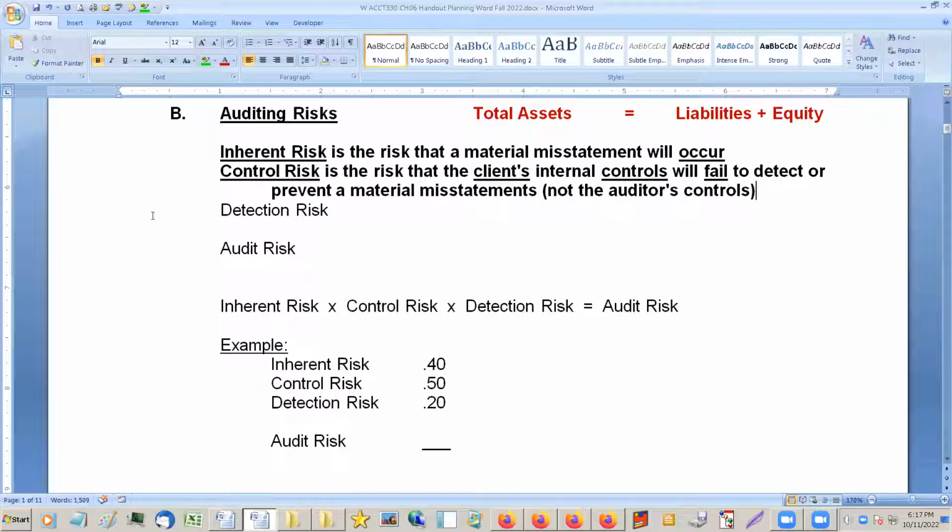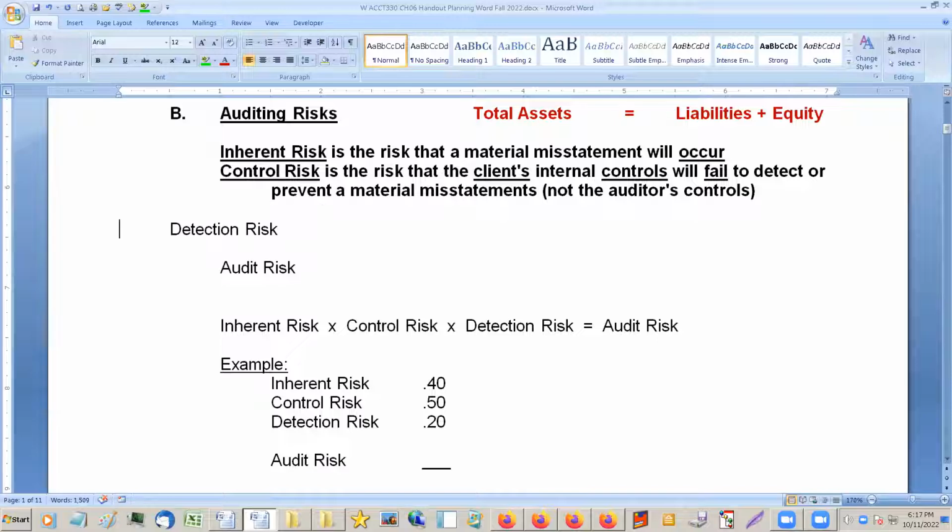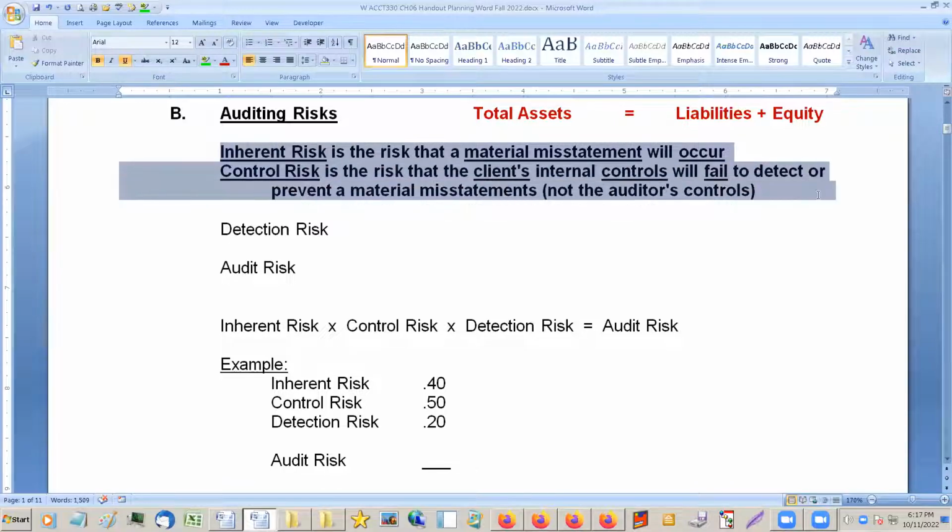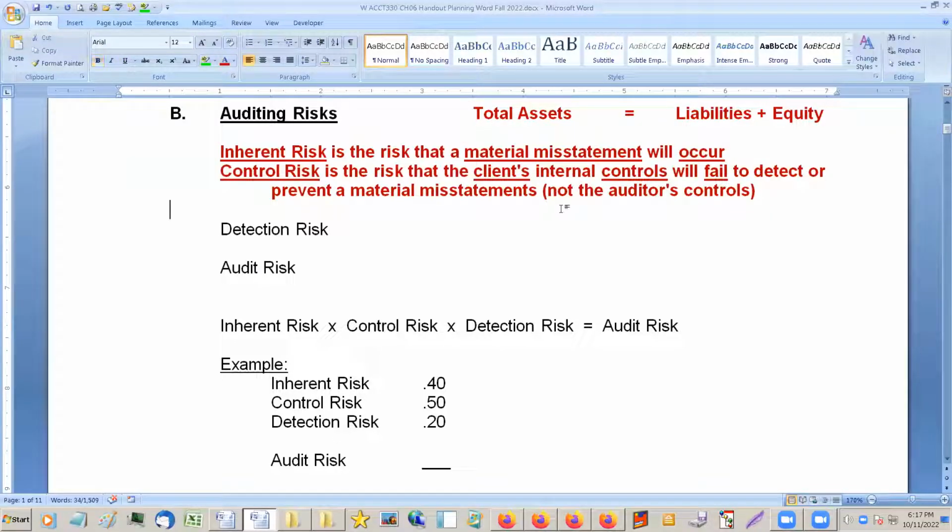So inherent risk is the risk that a material misstatement will occur. Control risk is the risk that the client's controls will fail. Now, these first two kinds of risk are entirely under the client's control.